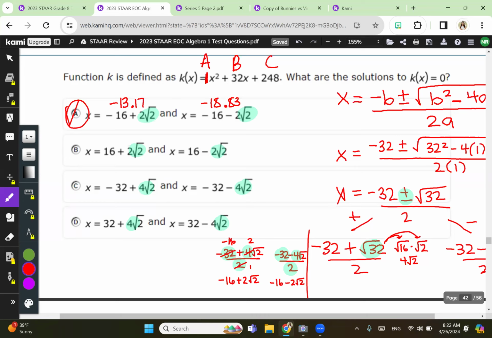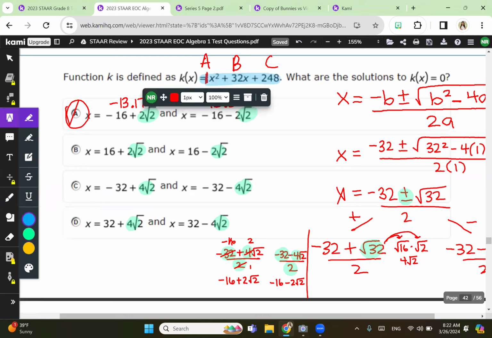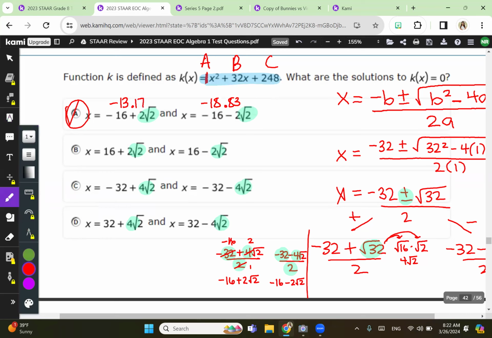These are known as your solutions. And solutions is another word for an x-intercept, a root, zeros. So that's all we're looking for.